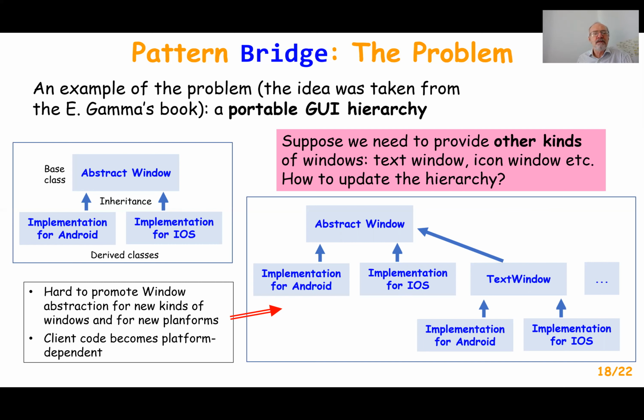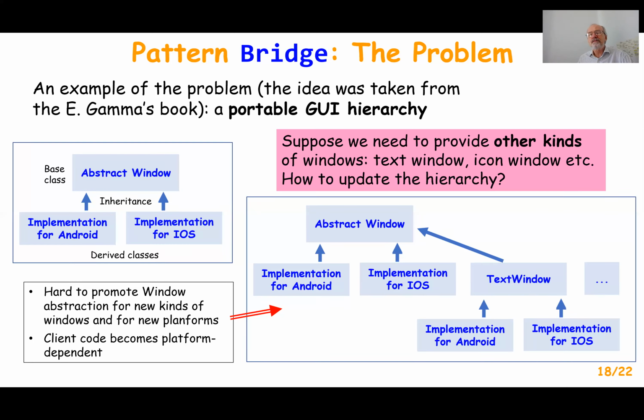Look at the left part of the slide. These are a couple of comments. It is very hard to extend the window abstraction for new kinds of windows and for new platforms. Oh, there is a bug in my comment here, not platform, but platform. Okay, I will change it afterwards.